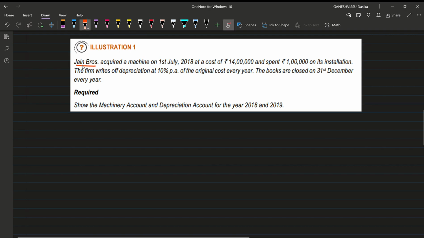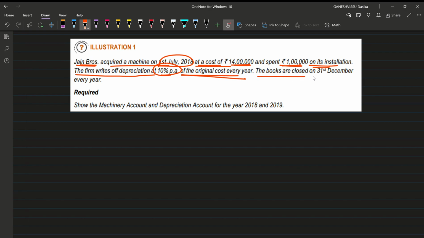Jain Brothers acquired a machine on 1st July 2018 at a cost of rupees 14 lakhs and spent rupees 1 lakh on its installation. The firm writes depreciation at 10% on original cost every year. The books are closed on 31st December every year. So this is what the question mentions.